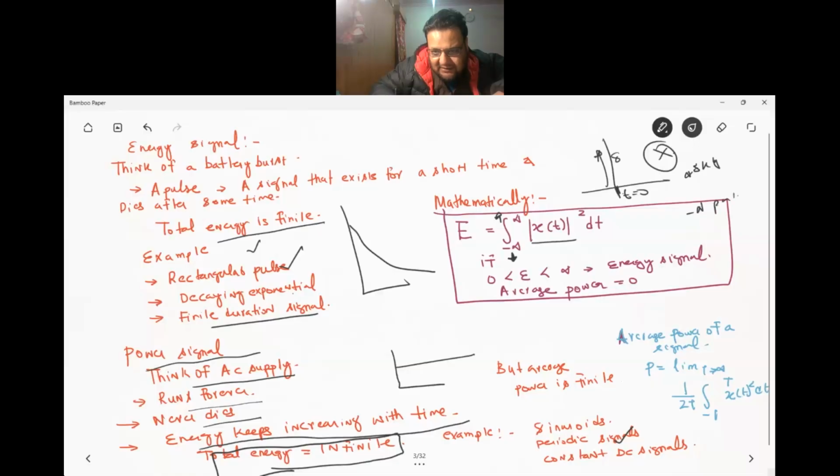If you carry this integral over dt such that the average power of the signal comes out to be zero, whereas energy is finite, such a signal is called an energy signal. The average power of a power signal would be finite.